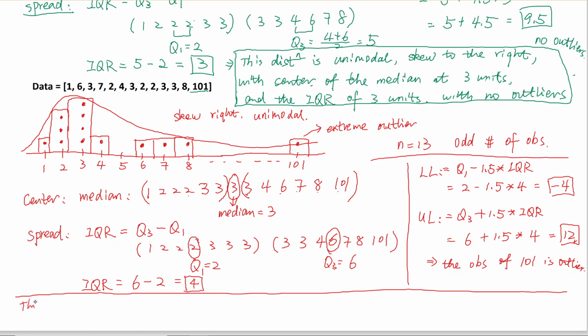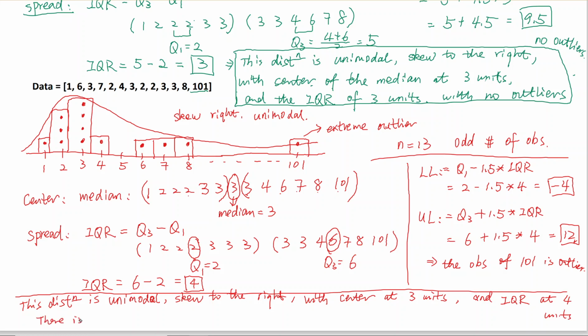We say this distribution is unimodal, skewed to the right, with the center, which is the median, at 3 units, and IQR at 4 units.